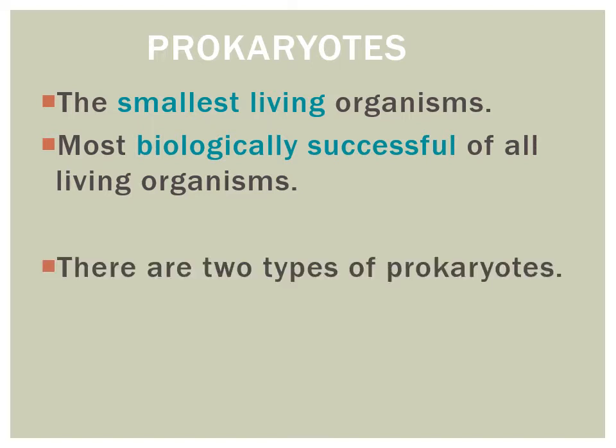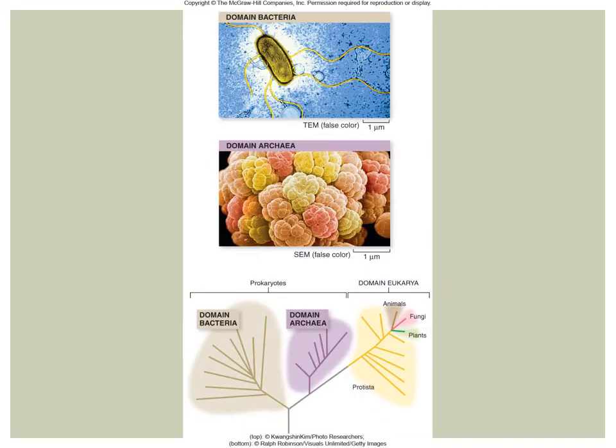And so we have the two types, and they're actually in two different domains. Bacteria is one, it has its own domain, and then archaea is the second. There are big enough differences in terms of some of their DNA and RNA and cell wall structure and things like that that scientists have decided that they each should get their own domain in terms of classification.